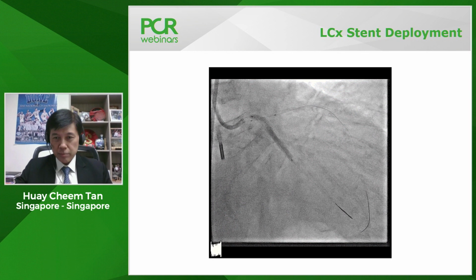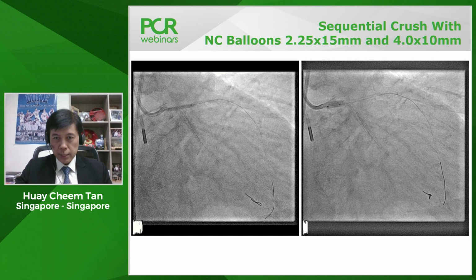Next, we have the stent being deployed. I typically deploy it to high pressure here, 16 atmospheres or something like that, to achieve a good stent apposition. Then I use the balloon, which was sized to the distal LAD artery, 2.25, to do the initial crush. And this is followed by a sequential crush with a larger non-compliant balloon of 4.0 by 10 in the left main artery.